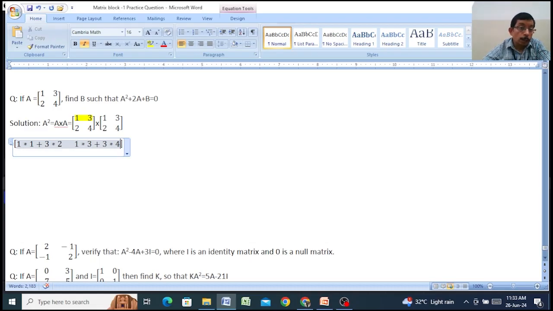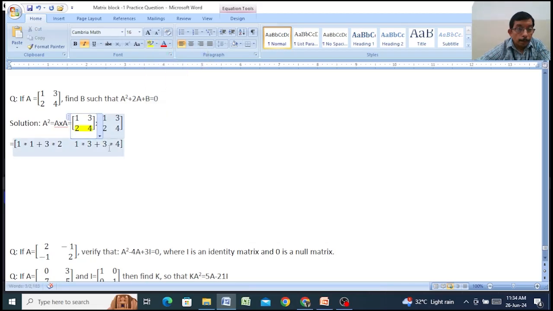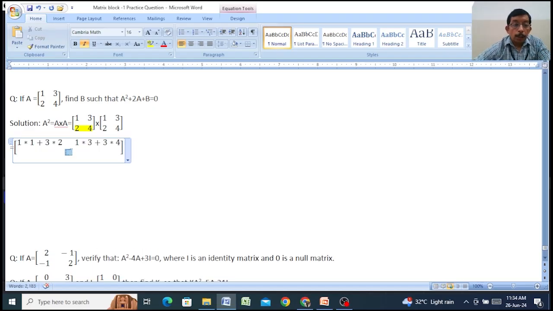Then we come to the second row of the first matrix. First row multiplication is complete. Now we come to the second row. The second row first column: 2 multiplied by 1 and 4 multiplied by 2.